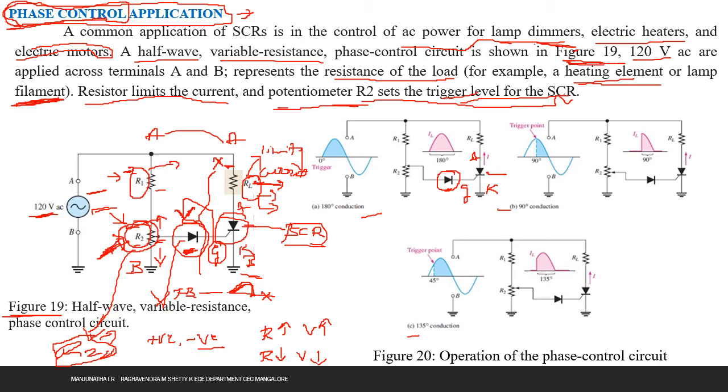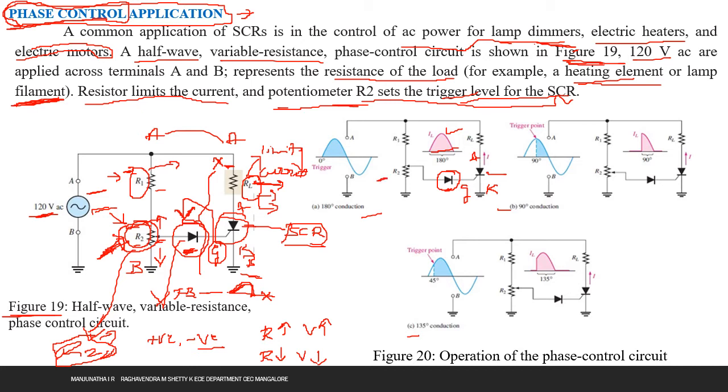It is going to conduct only the positive half cycle, not the negative half cycle. Whether it conducts for the full positive half cycle or only a particular portion of it is decided by this resistance.